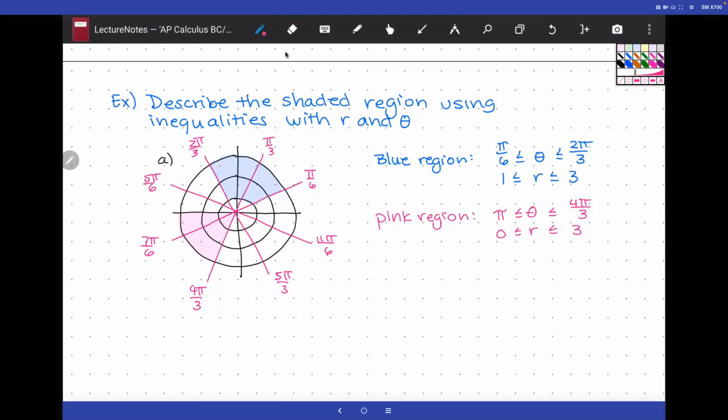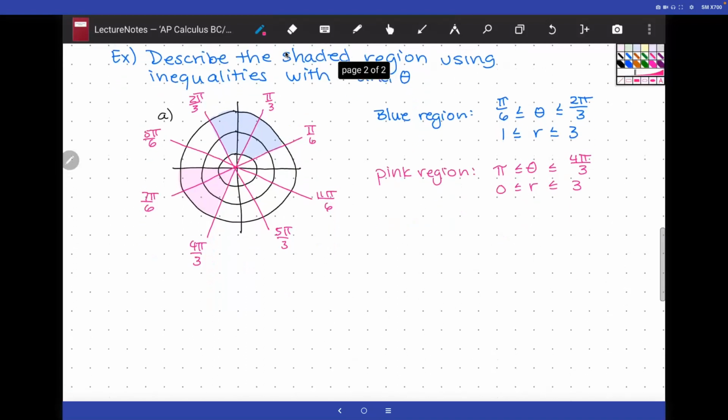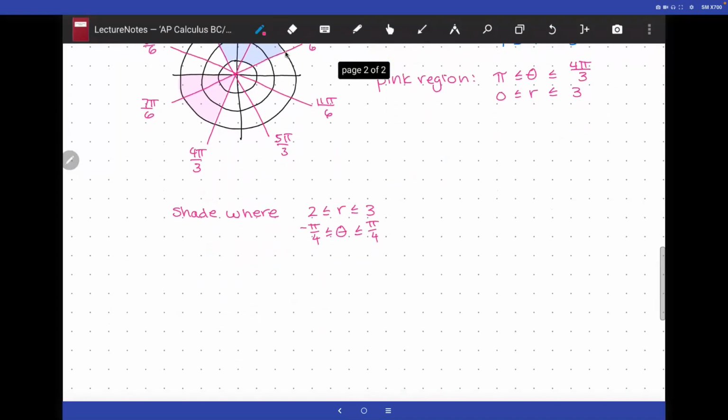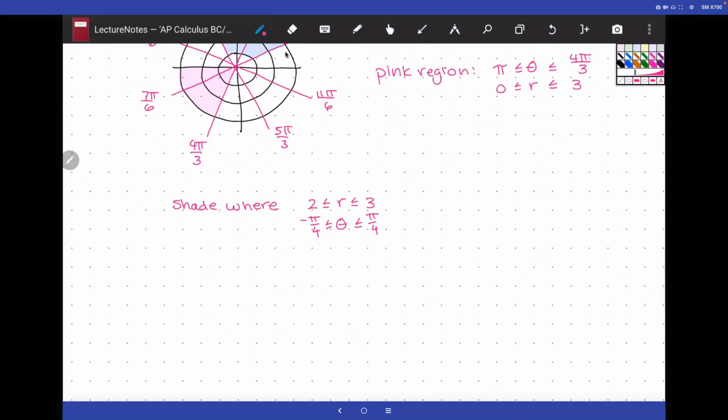Be careful, though, because if I said shade where, let's say that r is going to be between 2 and 3, and theta is going to be between negative pi over 4 and pi over 4, just so we're clear.